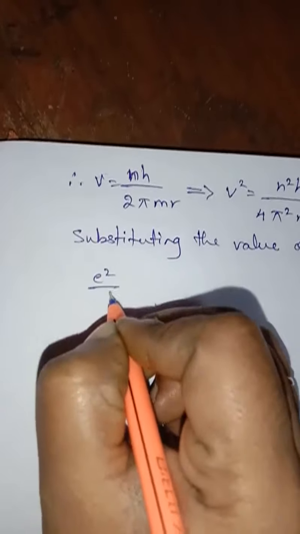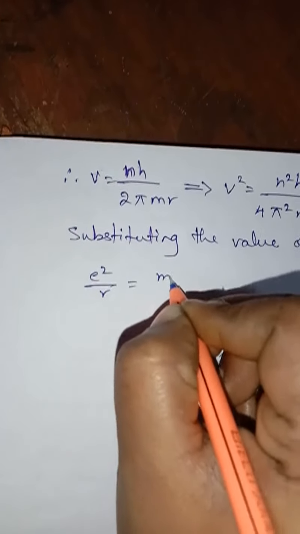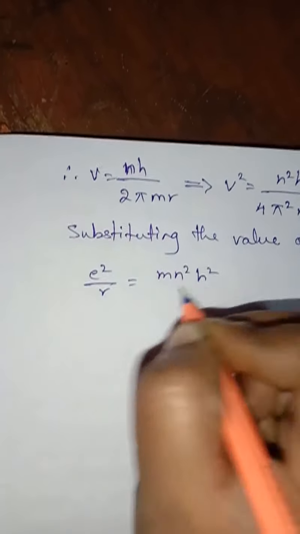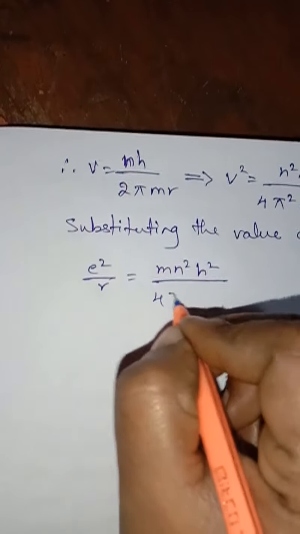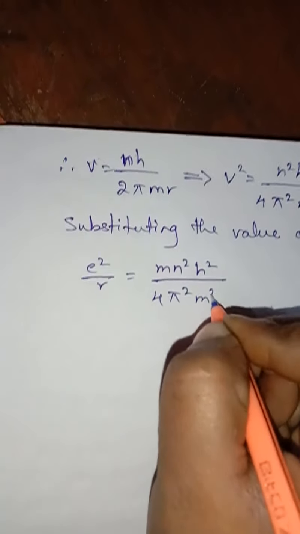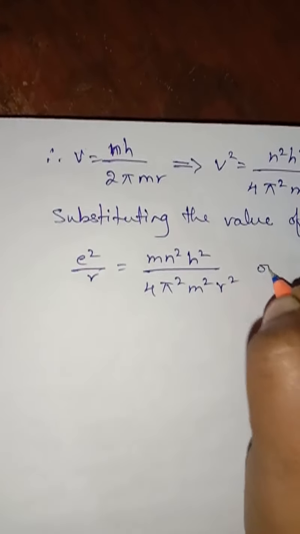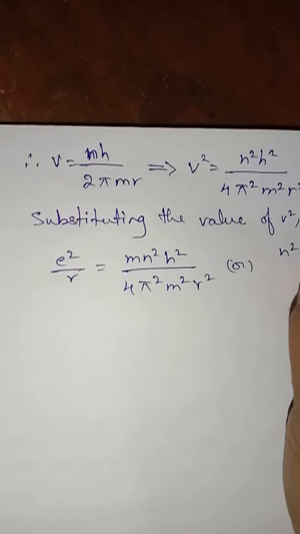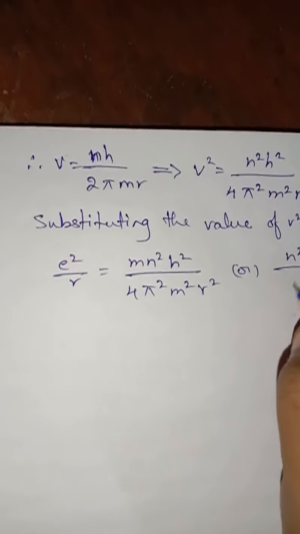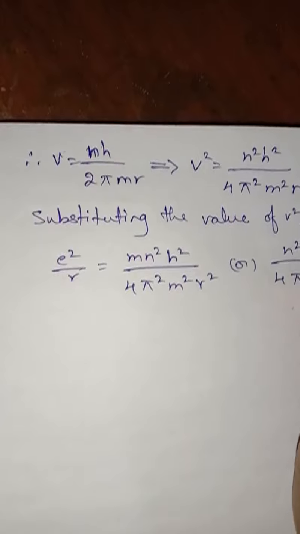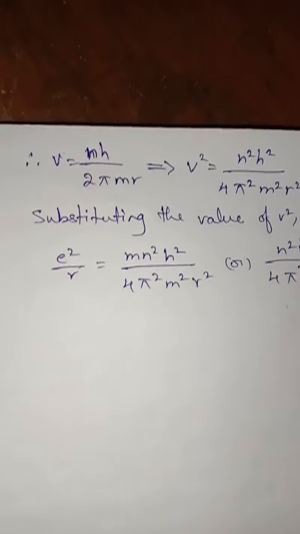So e square by r equals m n square h square by 4 pi square m square r square, or you can write n square h square by 4 pi square m e square.